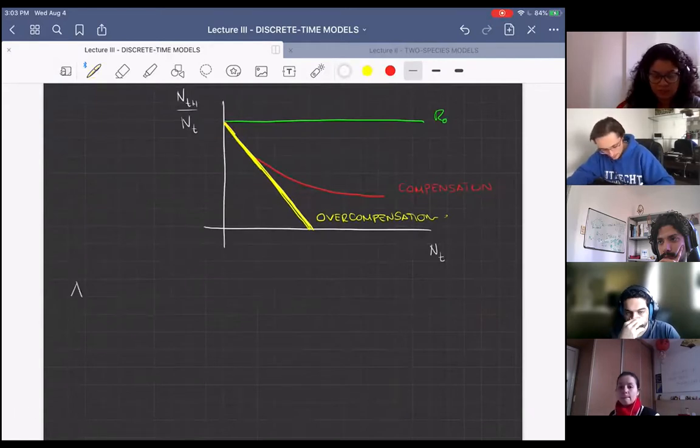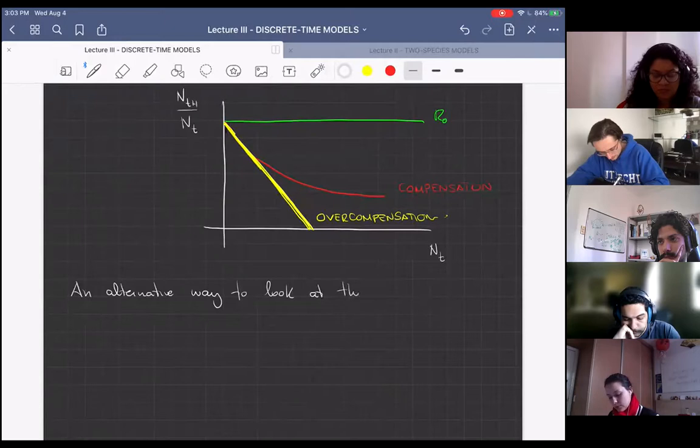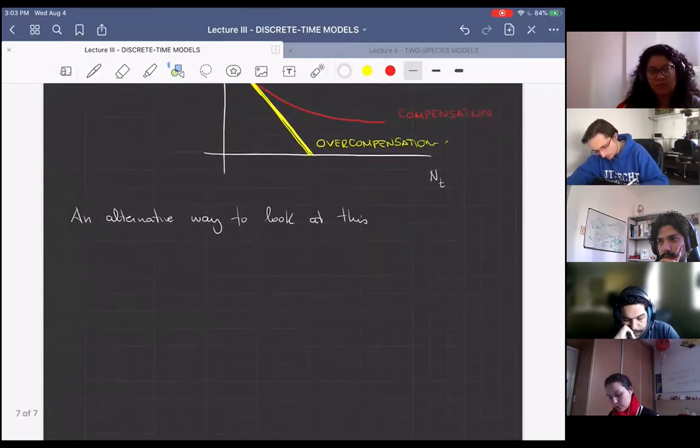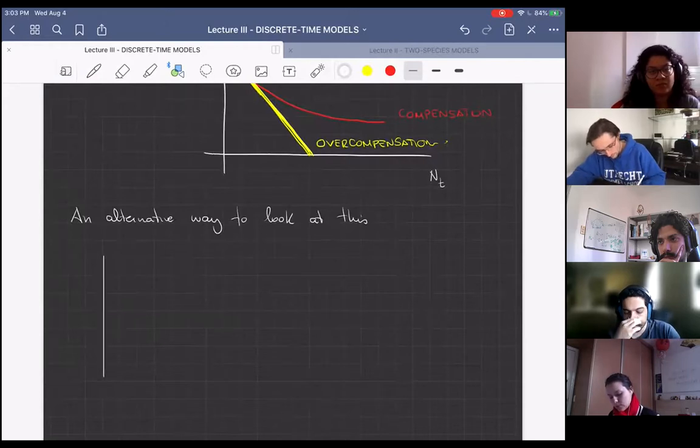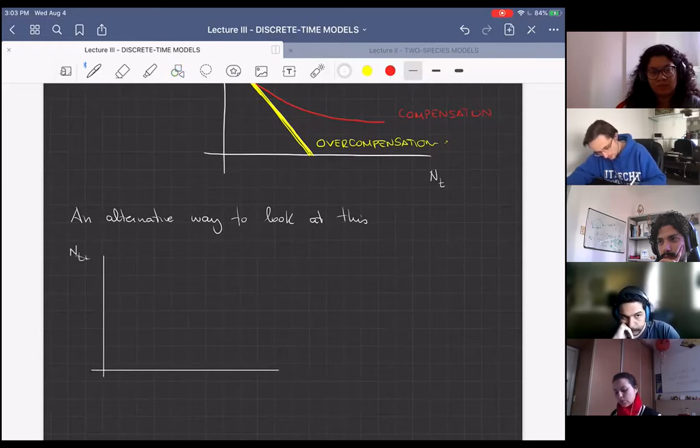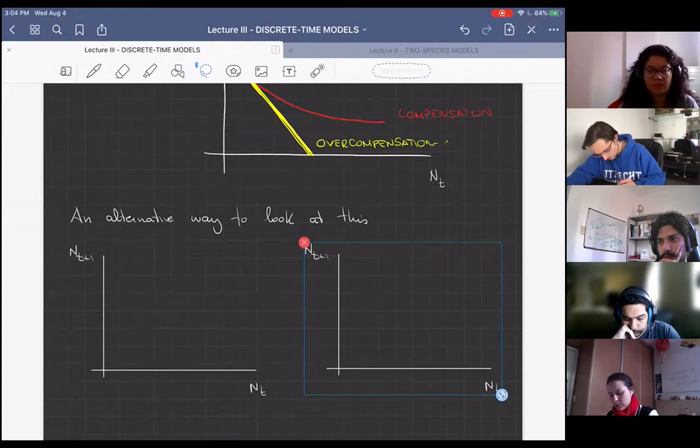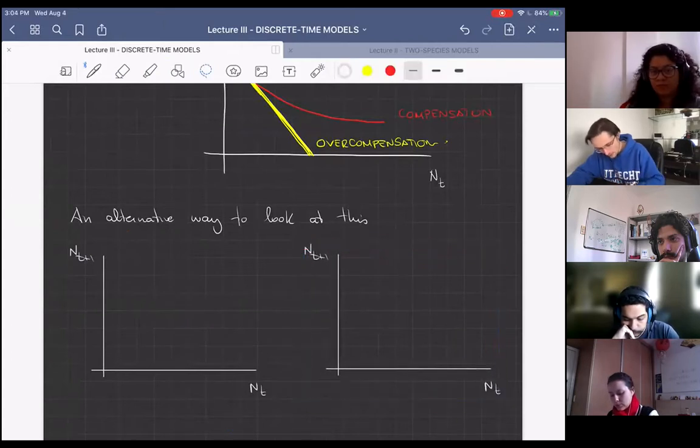An alternative way to look at this is by representing the growth rate of the population as a function of the population size, as we did for the differential equations.